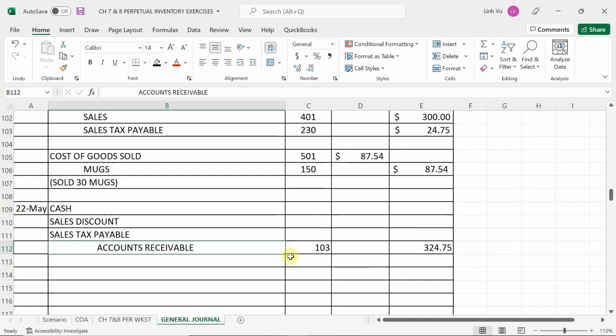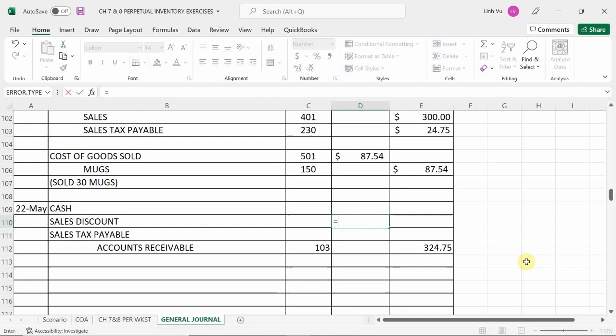So therefore, that gave a total of $300, right? 30 times 10, $300. So in this case, we can only discount 10% of that. So what is 10% of $300? 30 times 10 times 0.10 should give you $30.